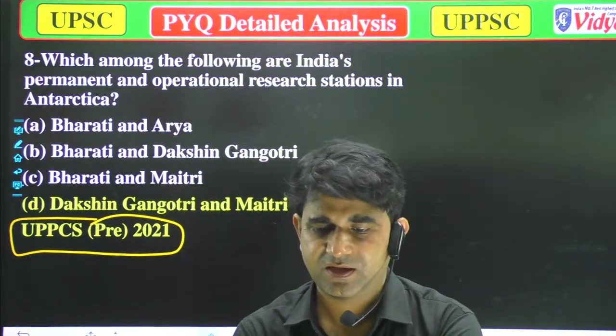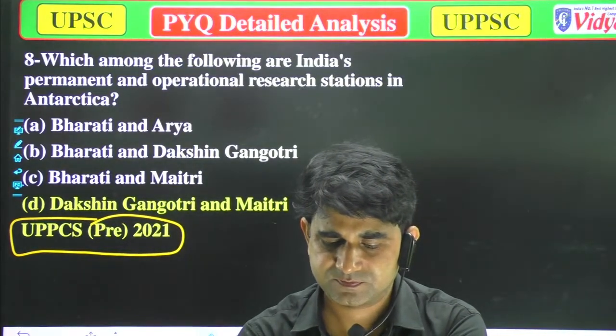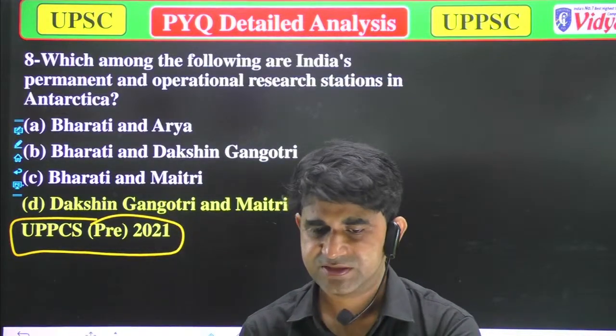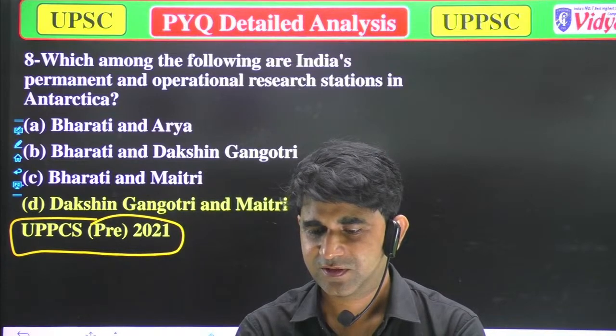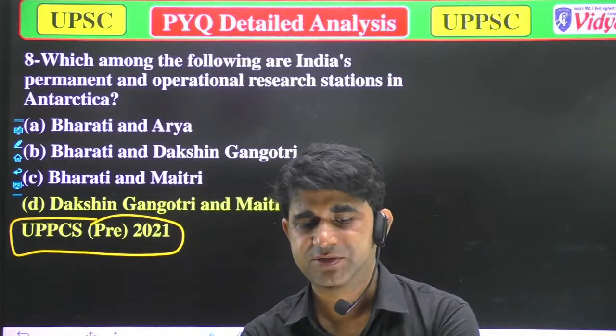I'm still waiting for a response on what the correct option will be. Everyone, please try to correlate. Don't think about the color that I have made; it could be wrong or it could be right.